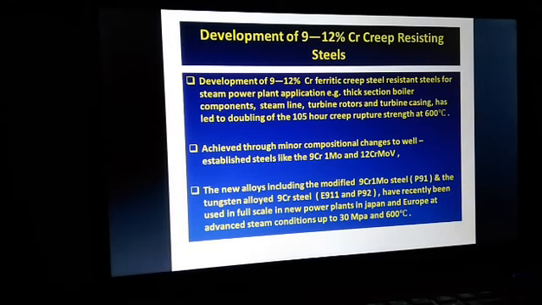Development of 9 to 12 chromium creep resistant steel. Development of 9 to 12 chromium ferritic creep resistant steels for steam power plant applications like thick section boiler components, steam lines, turbine rotors and turbine casings has led to a doubling of the 10^5 hours creep rupture strength at 600 degrees centigrade.